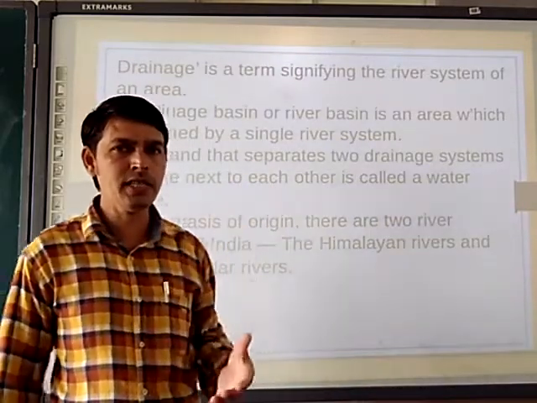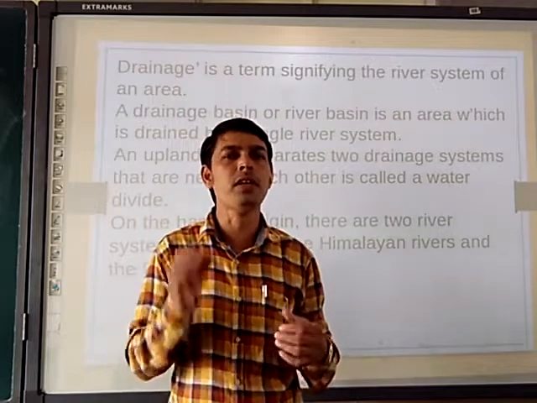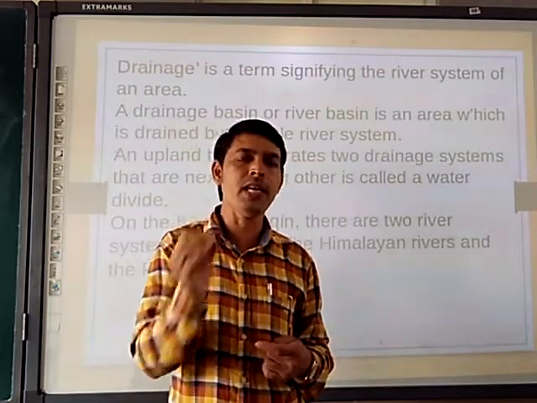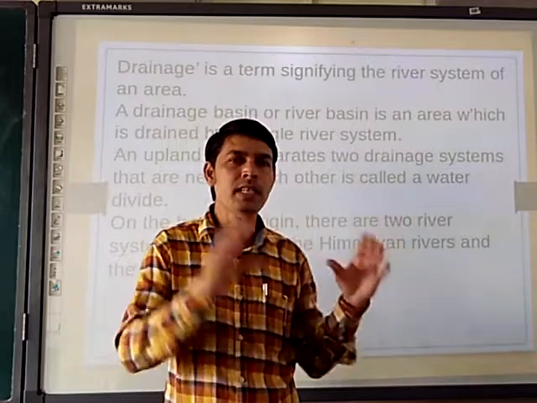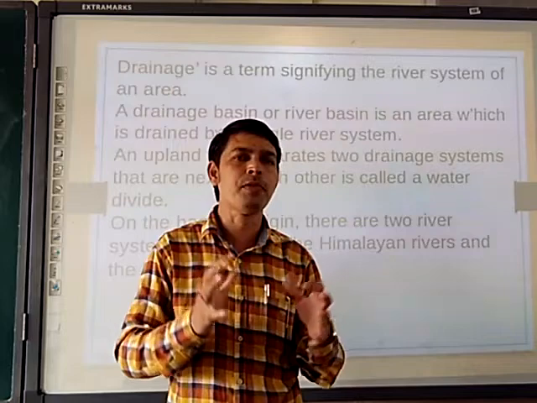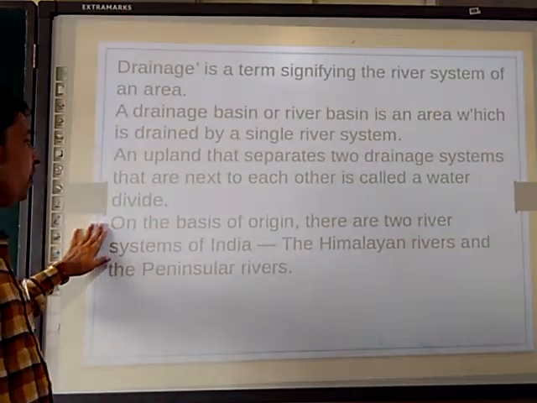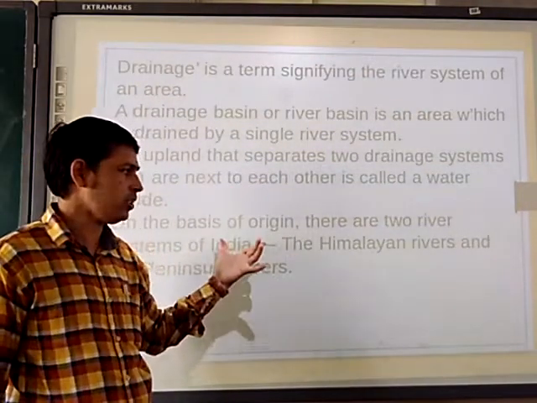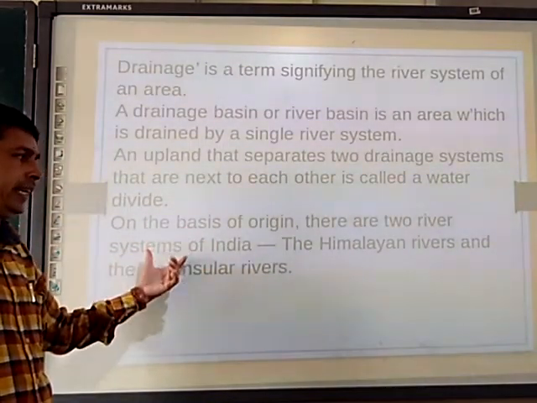If you get any free time, you can read chapter number 3 thoroughly, because from this chapter we are going to do only the map work which is going to be evaluated in the examination. But for your knowledge, I am just taking a glimpse of this chapter to make you understand what it covers. Next, on the basis of origin, where the rivers originate, there are 2 systems of rivers in India.